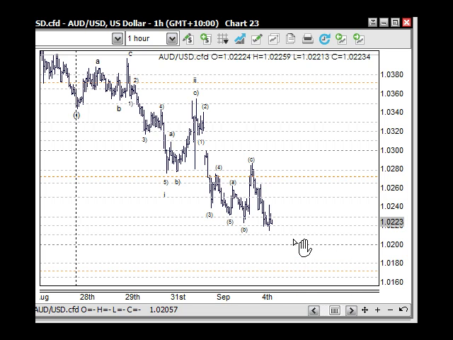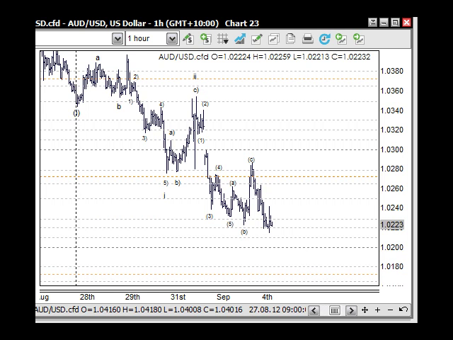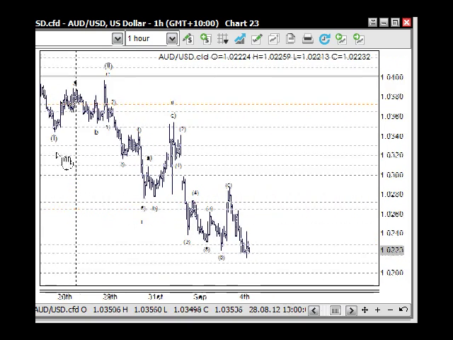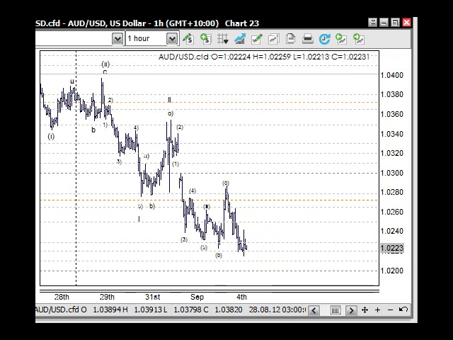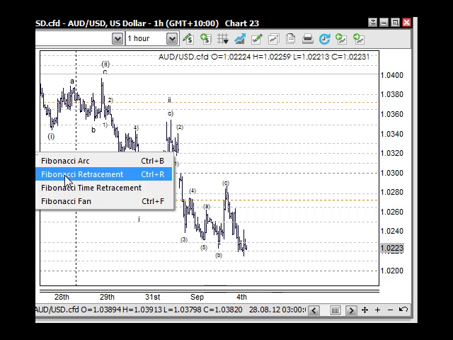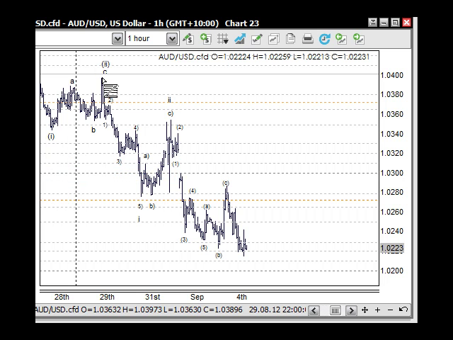Once we do find the wave 3 low, then we need to take a couple of things into consideration. The 38.2 retracement level, if we just assumed that it was at the 102, and it could be much lower as well, we just don't know what extension is going to come into wave 3 here.